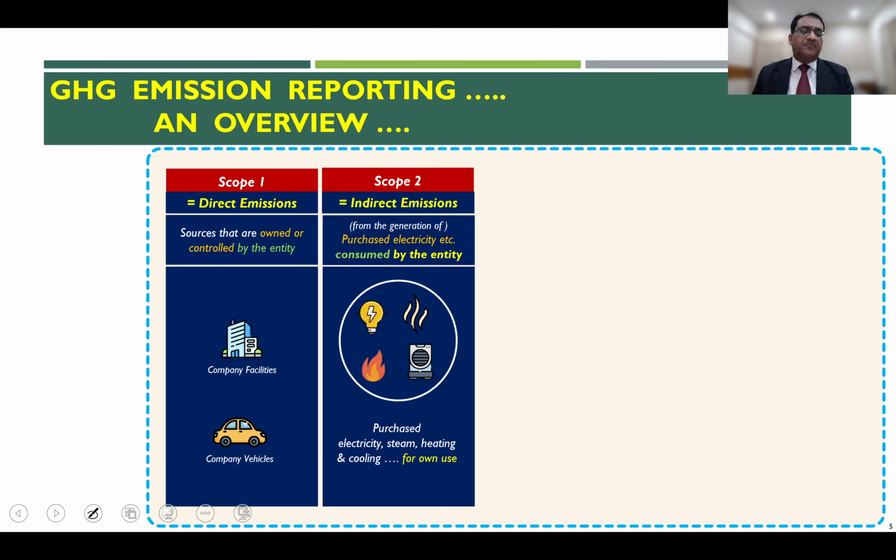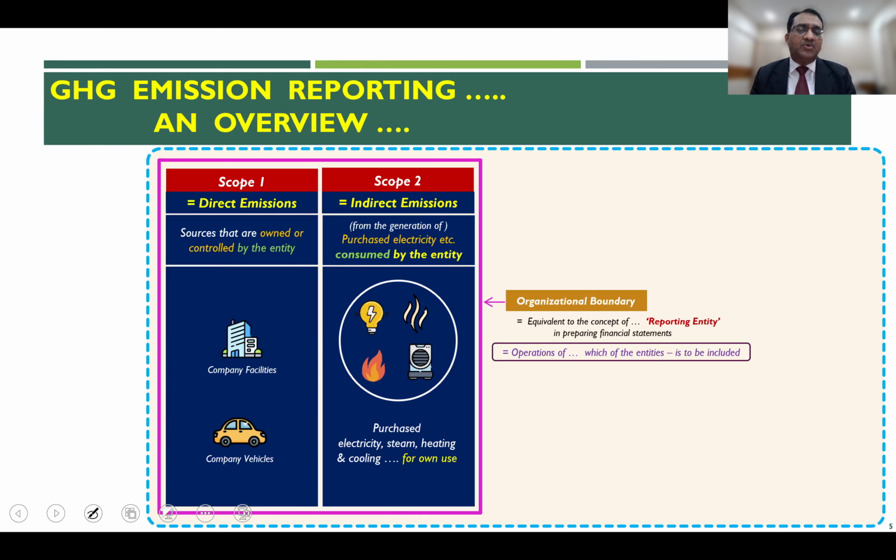Now, you should also understand there is a concept called organizational boundary. The pink color boundary which you see here on the slide is representative of the organizational boundary. In fact, I plan to have a separate video where we talk about the granular details of these concepts. But at this point in time, it suffices to understand that organizational boundary is a concept similar to what, as accountants, we know as the reporting entity.